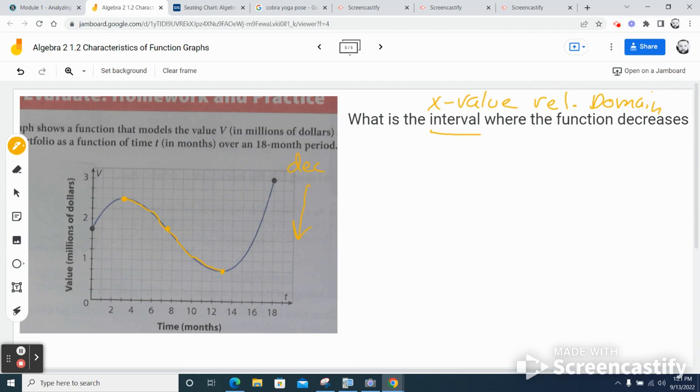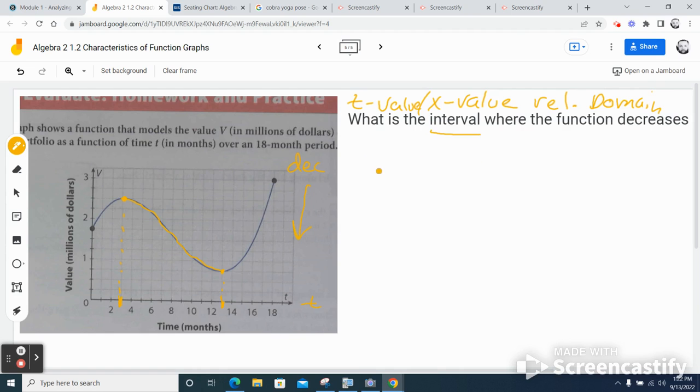All right? So then what I want to do is look down from this point and this point, and figure out on the x-axis, or in this case the t-axis, x value, but really it should be t value, because we're comparing time to dollars, okay? So what are those x values? Well, or t values.